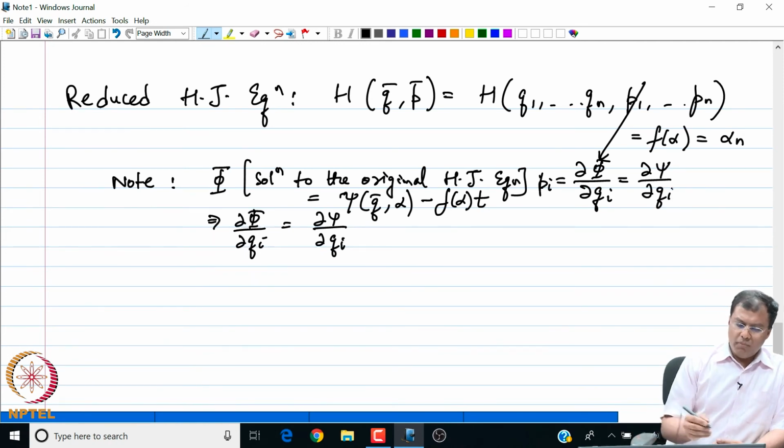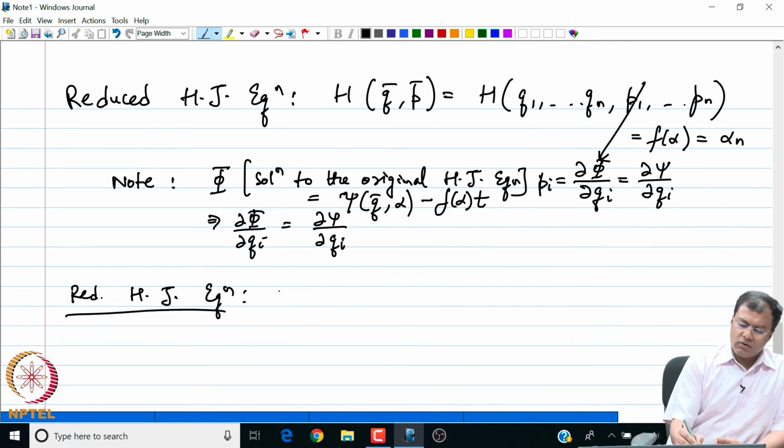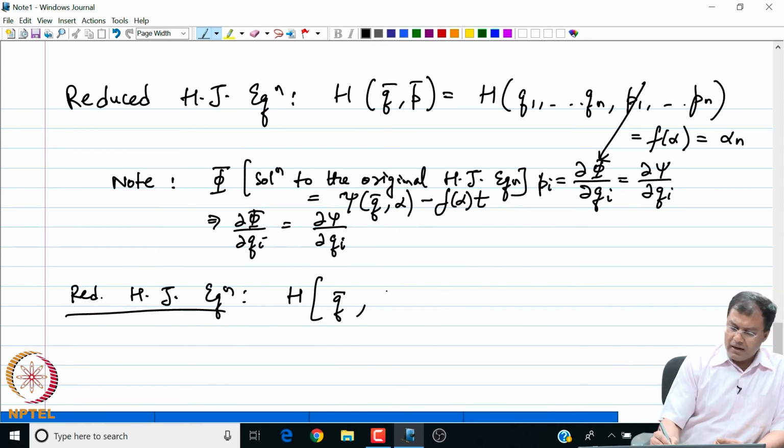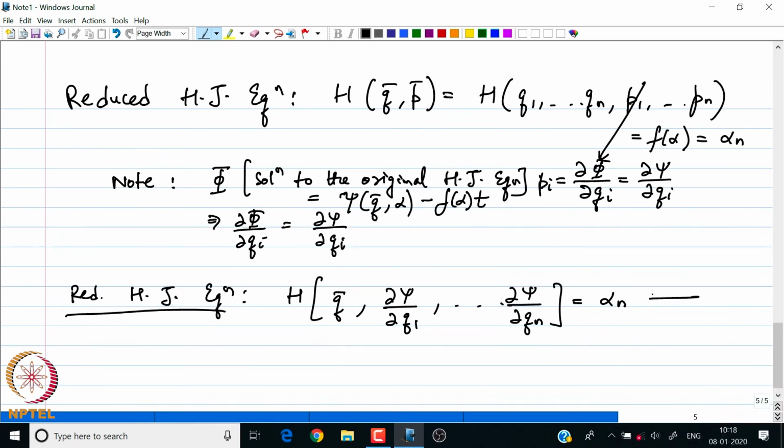My reduced Hamilton-Jacobi equation now reads as follows: h of q bar comma del psi del q1 to del psi del qn is equal to alpha n. For this, the solution is the function psi of q bar comma alpha, right.